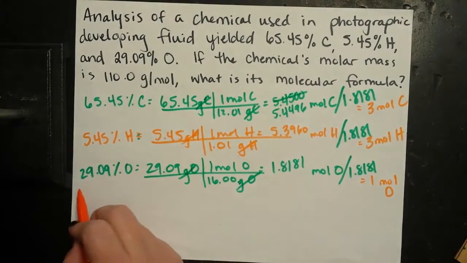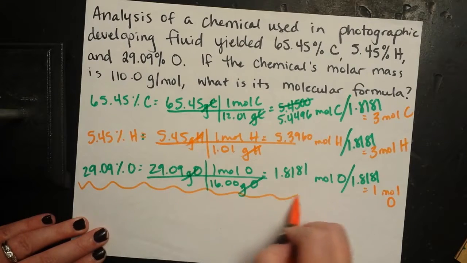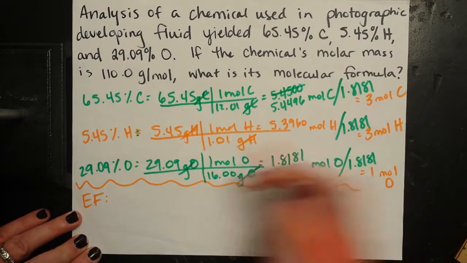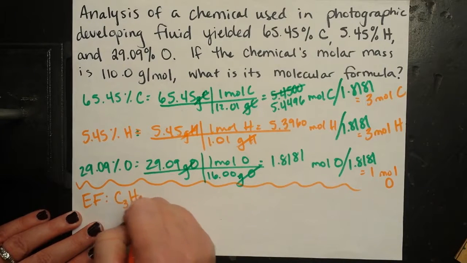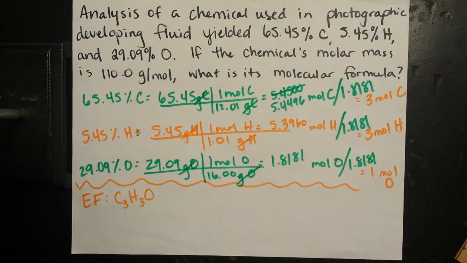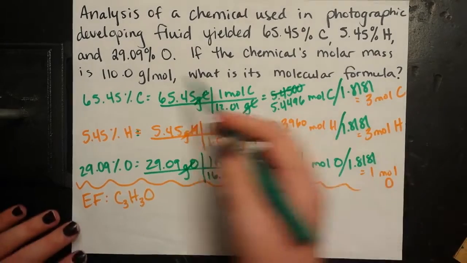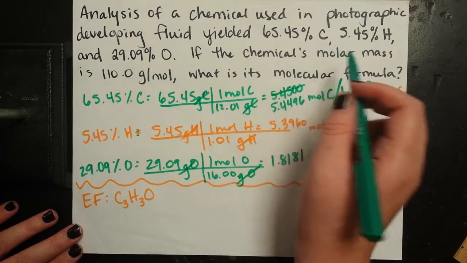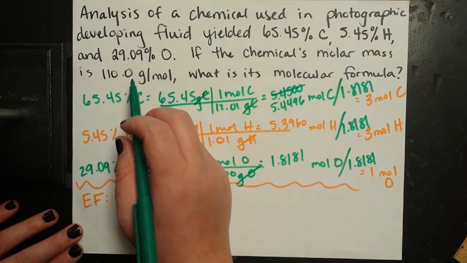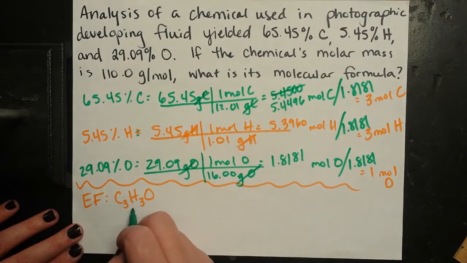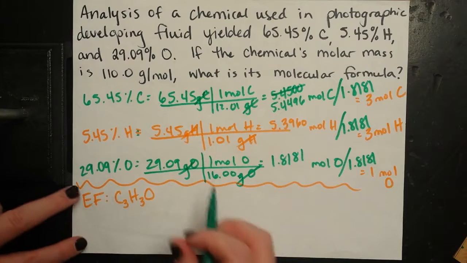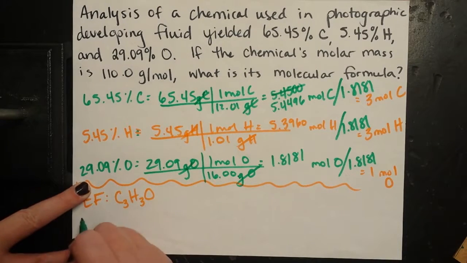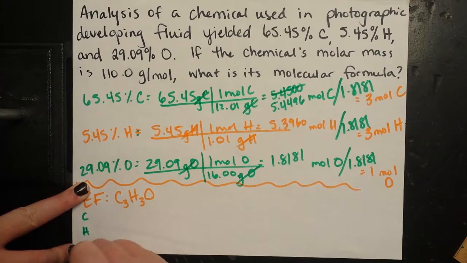Okay, so my empirical formula is going to be C3H3O. All right. Again, to find the molecular formula, you got to use the molar mass of the actual compound and see its relationship to the molar mass of your empirical formula for that compound. Okay, so I'm going to take carbon, hydrogen, and oxygen.